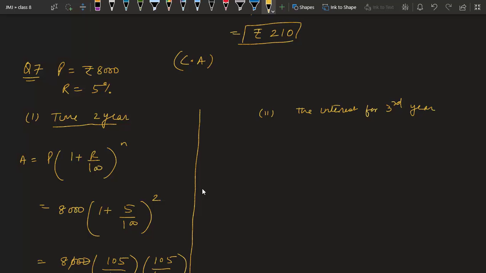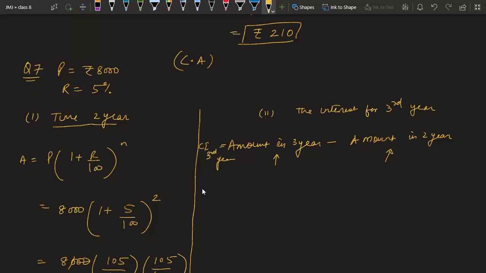If we find amount in 3 years and we subtract amount in 2 years from this, what we get is the compound interest or the interest in third year. So we already know amount in 2 years, we have found in the last case. We just have to find amount in 3 years.